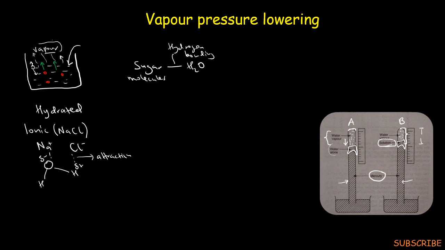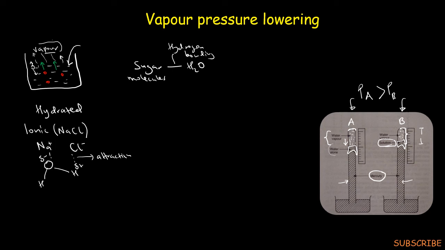So you realize that the pressure due to B is less than the pressure due to A. The pressure in A is greater than the pressure in B, because we have less vapor pressure above the corresponding liquid.